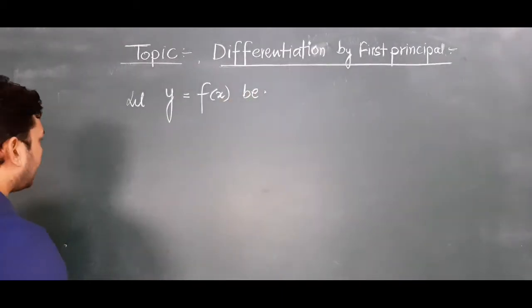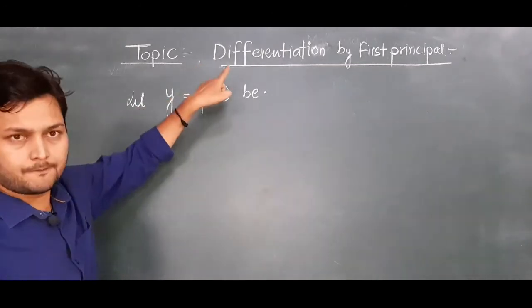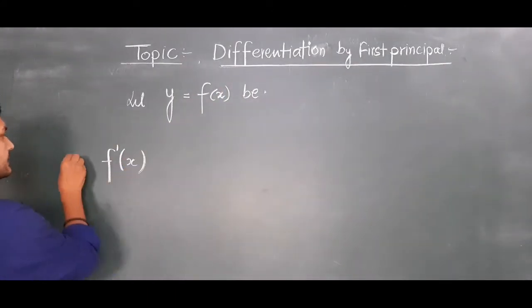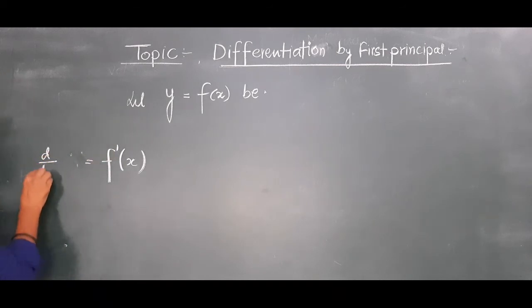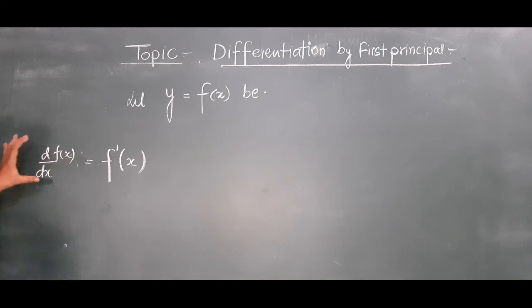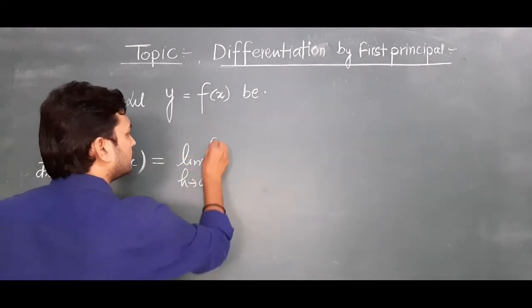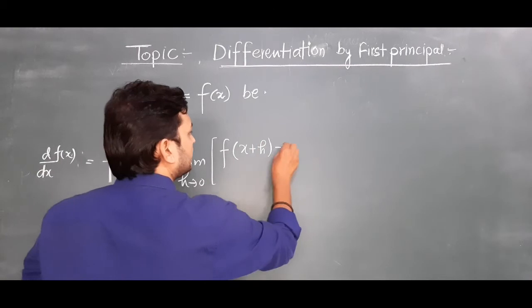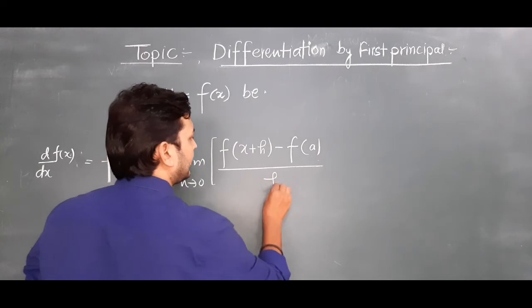Everyone knows that the differentiation of this function can be represented in this way, that is f dash x. The dash represents differentiation. Many times you will use dy/dx for the function, which also represents differentiation. It is equal to the limit h tends to 0 of f of (x plus h) minus f of x, upon h.